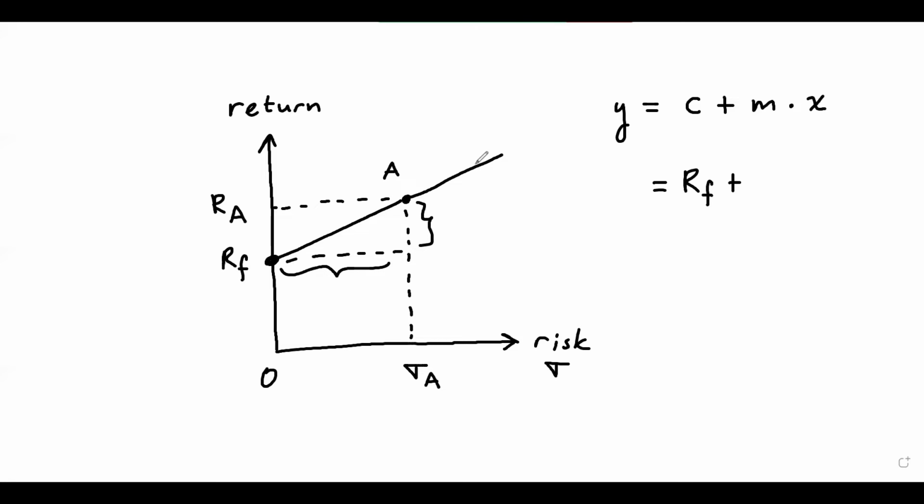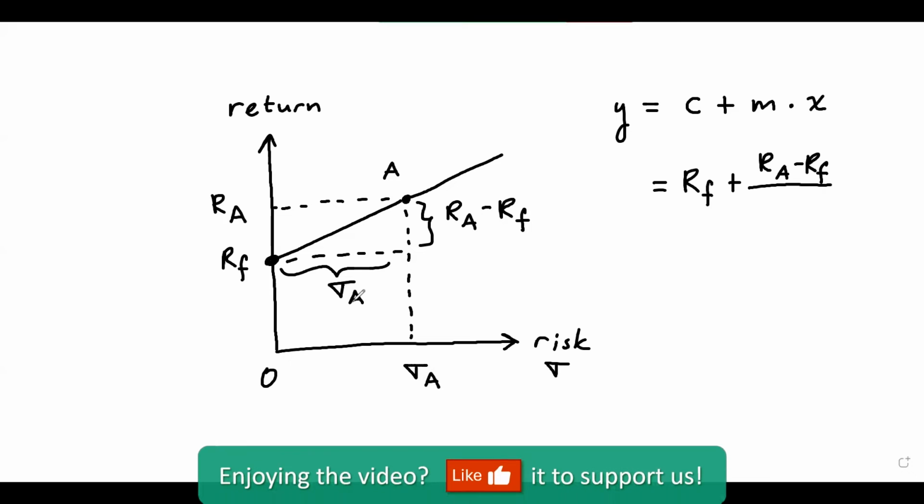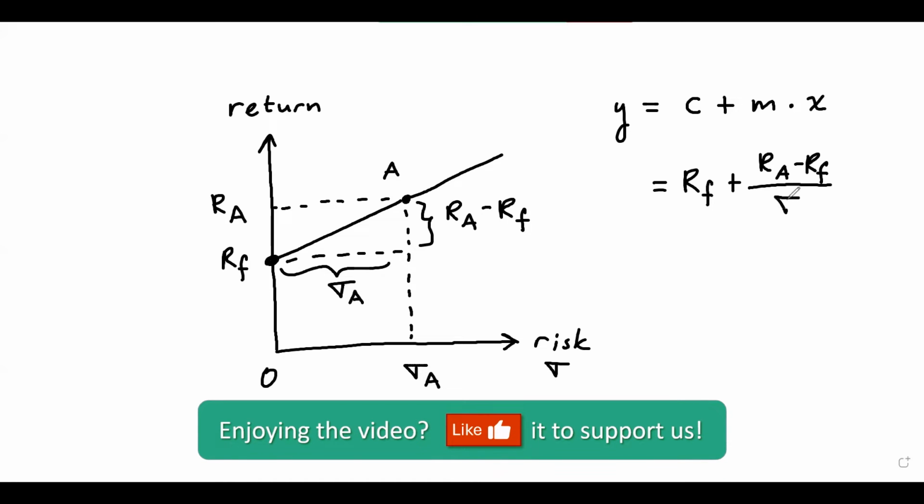The steeper the line, the higher its slope. So the vertical distance is RA minus RF. This is going to be the numerator of the slope. How about the denominator? It's going to be sigma A minus 0, so it's simply sigma A. So this is the slope.